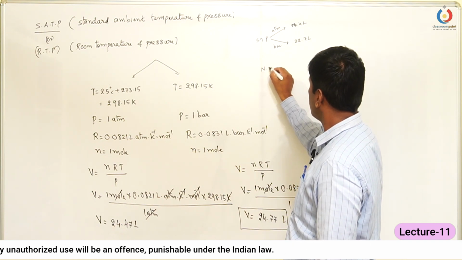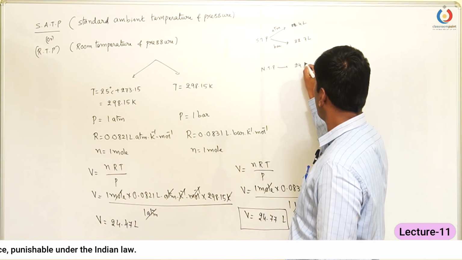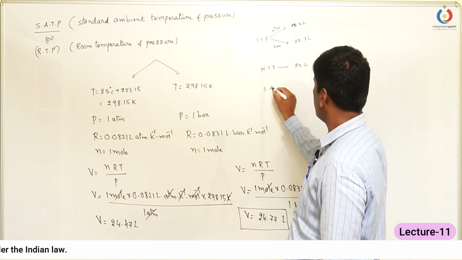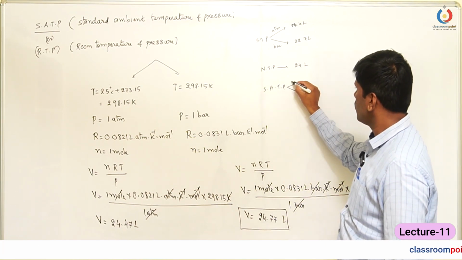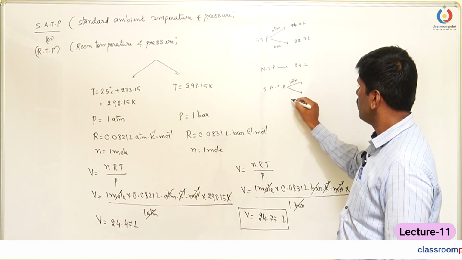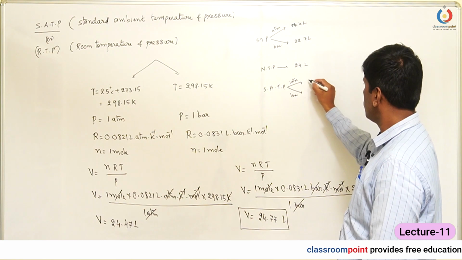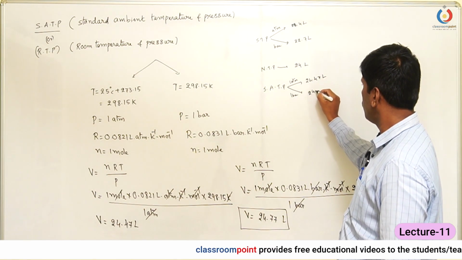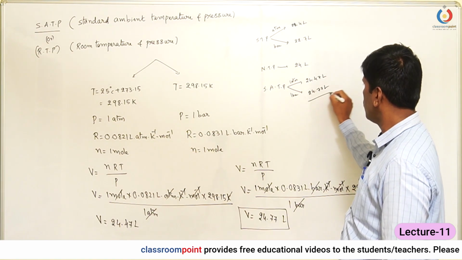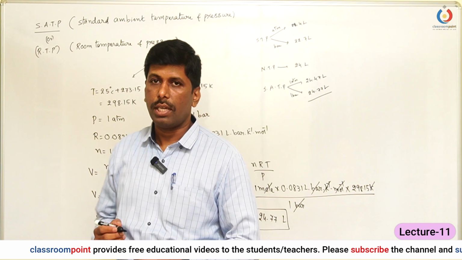Whereas in NTP conditions, it occupies 24 liters. SATP conditions again have two: using the atmosphere and using the bar. When using the atmosphere, it is 24.47 liters. This is 24.77 liters of volume occupied by 1 mole of the gas.